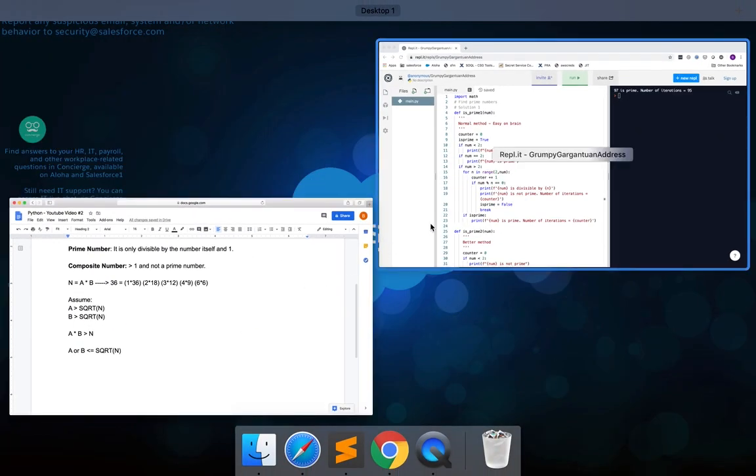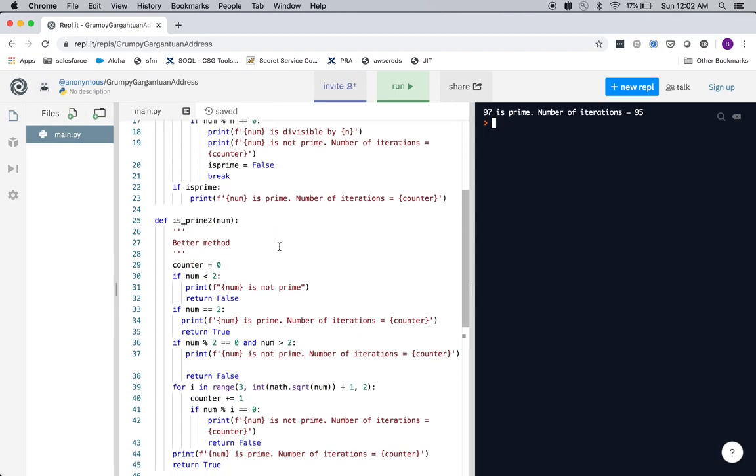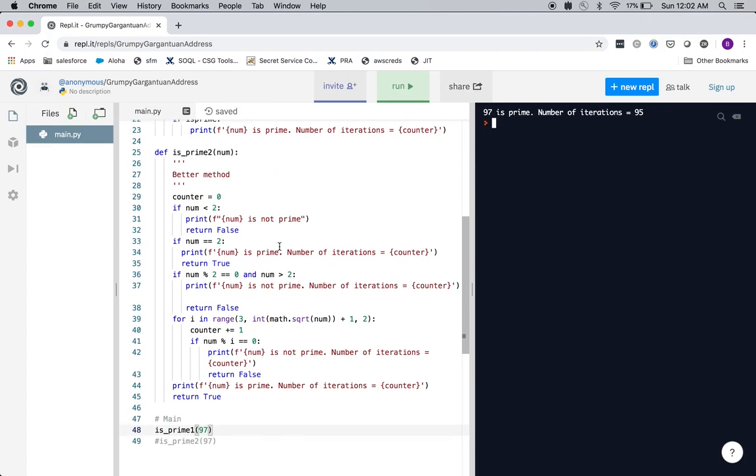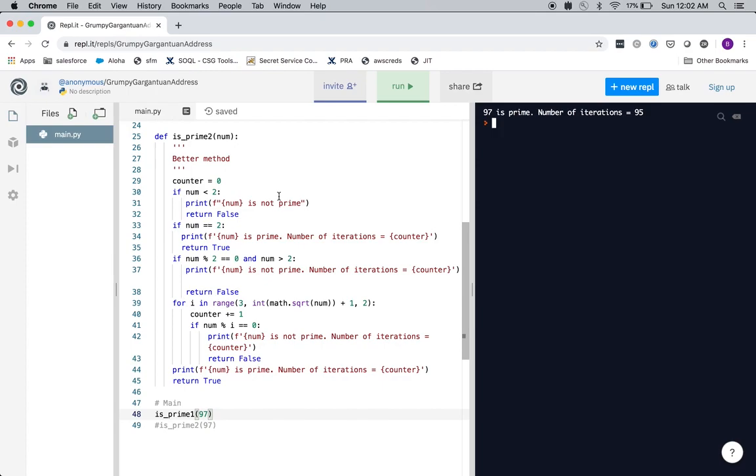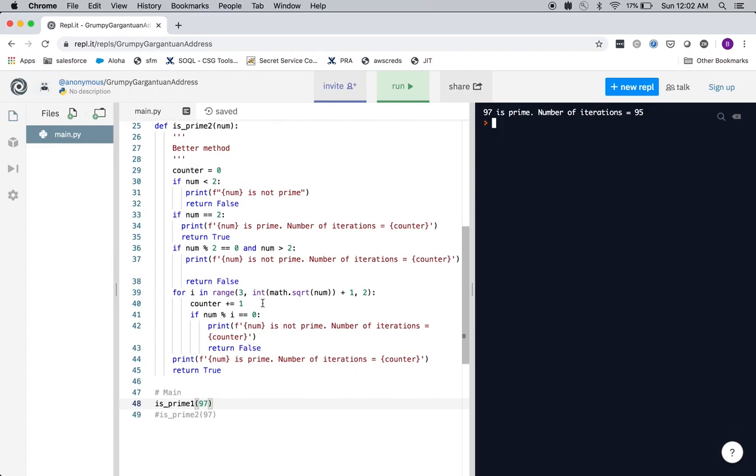So coming back to the solution, we have a similar solution, but the main thing that's different is this part. Instead of checking all the numbers, if we are checking 97, then we're checking up to 96, right?